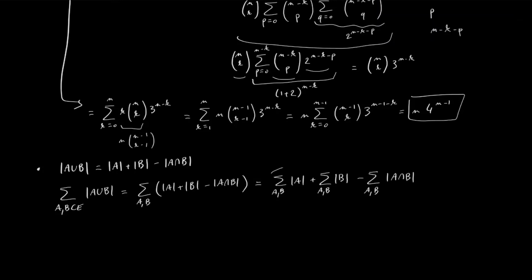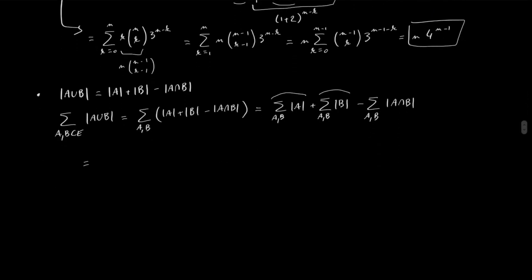By symmetry, you can notice that these two quantities are exactly the same, so this is equivalent to counting this quantity twice, and we have 2 times the sum for A and B of the cardinality of A minus the sum for A and B of the cardinality of the intersection.